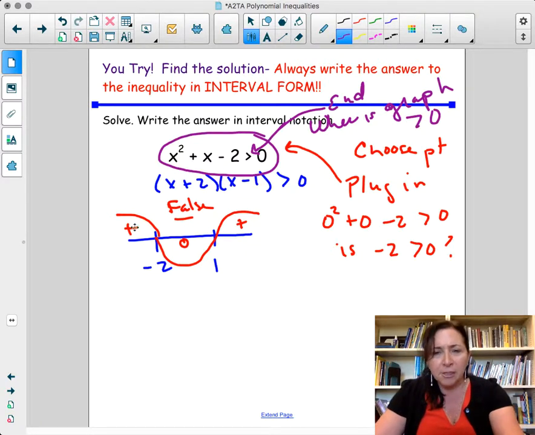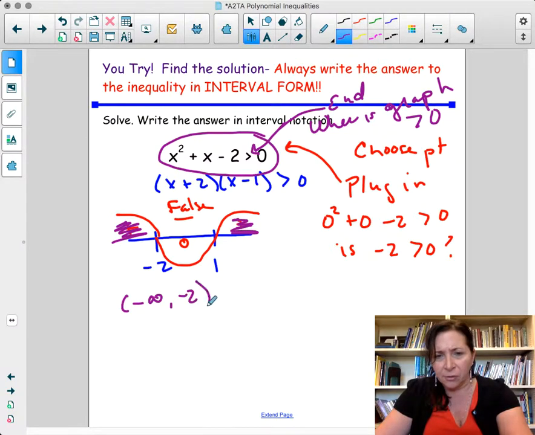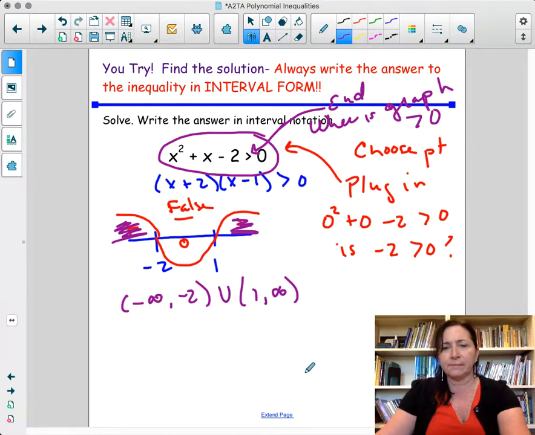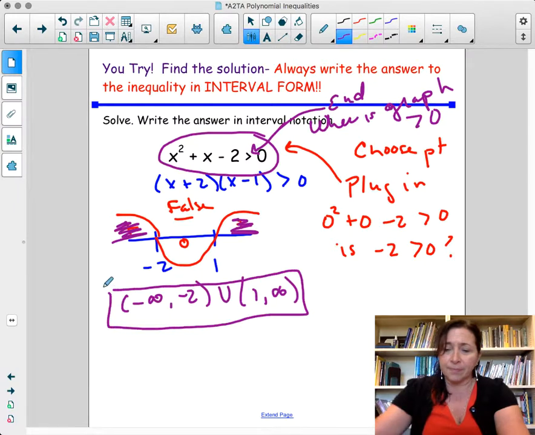I'm going to go back to my picture here, and it's greater than 0 here, and it's greater than 0 here. So the interval that makes my equation true would be -infinity to -2, union 1 to infinity. And that's your answer. Box that up.